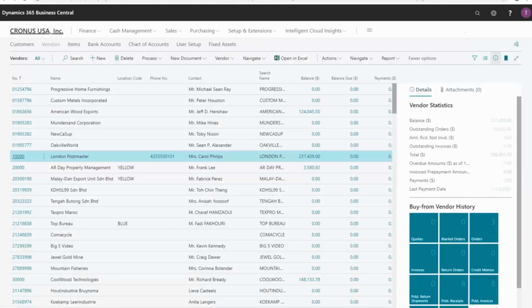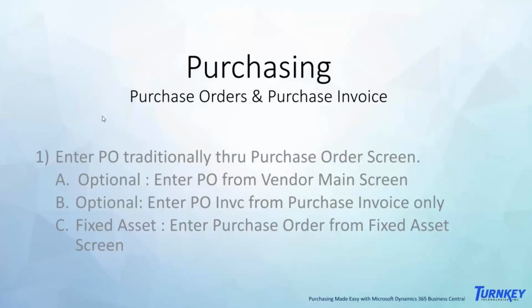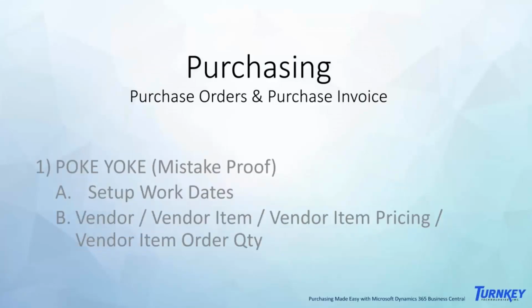Okay, some of the key features that I wanted to bring to your attention so that you can kind of mistake-proof in the purchasing modules. One of them is set up work dates. The idea behind this is that with the user setup work date, there's been times in past companies where they would enter a new date, and that date would be for a date into the future instead of being today's date.